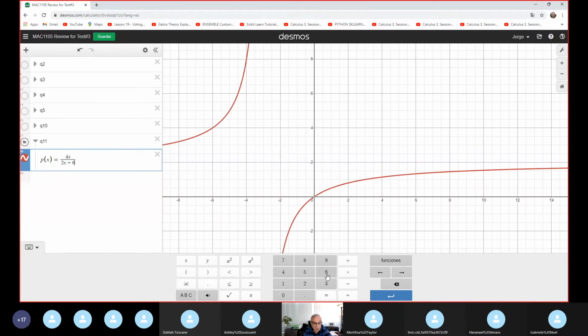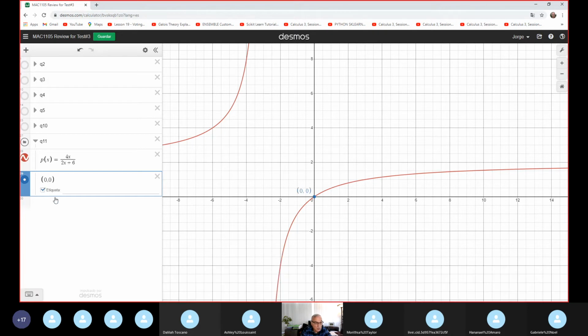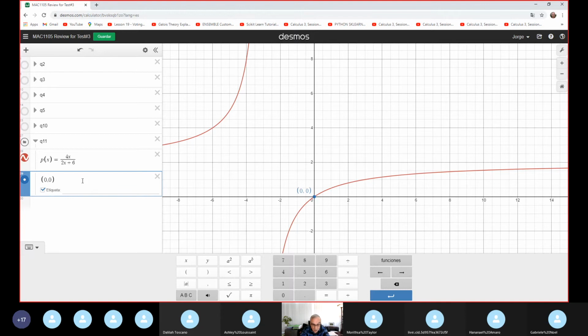Okay. And we discover the famous point 0, 0. Look at that. The origin. We discover also the vertical asymptote, which is at x equal to minus 3.